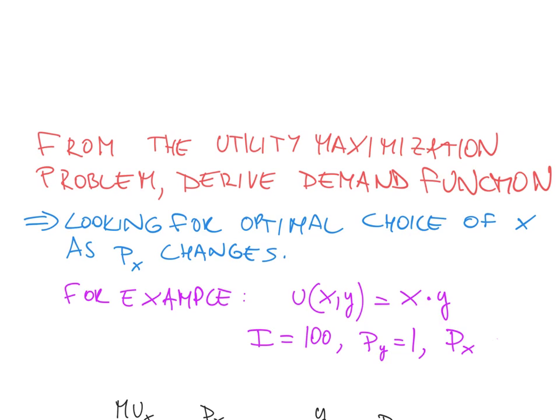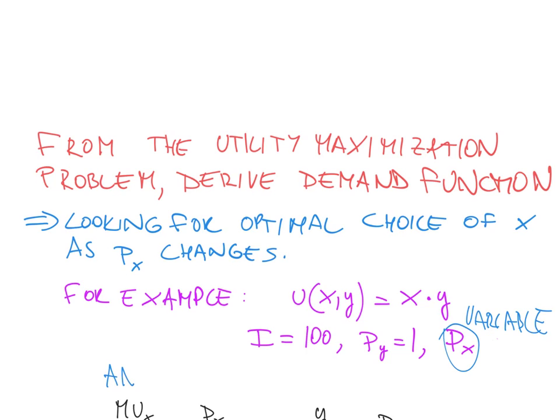So instead, we just say price of X is P sub X. It's a variable. I'm not going to tell you what it is. It's not a number. We don't specify it. We'll leave it as a variable.